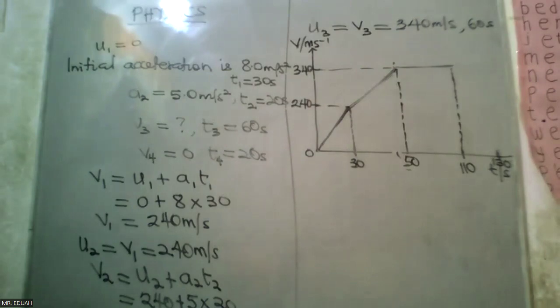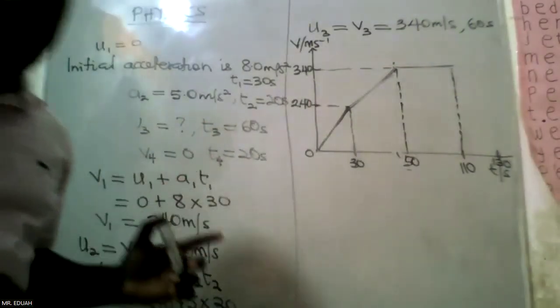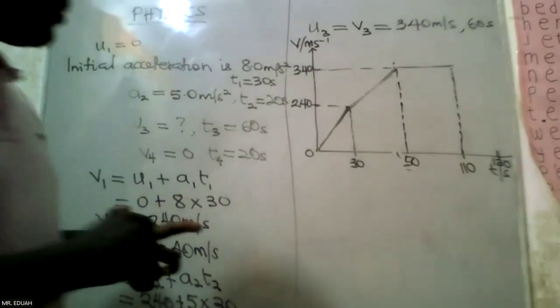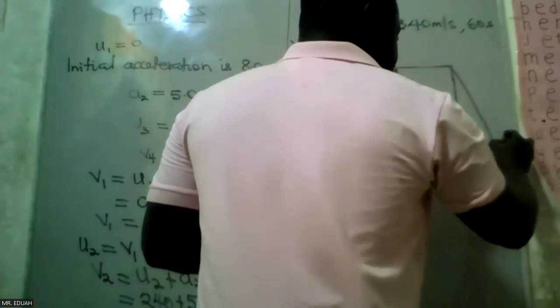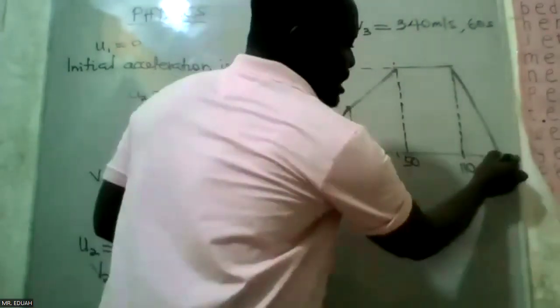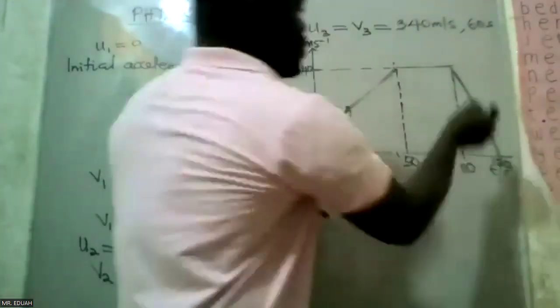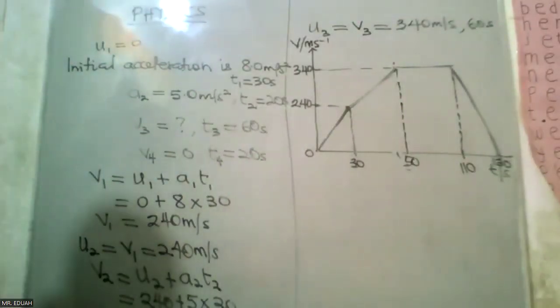Then finally, the velocity was reduced to the point where it came to a stop. The body came to a stop. So we have a uniform deceleration to a point where the velocity is 0. And velocity is 0 on the time axis. So this is the graph of the motion.